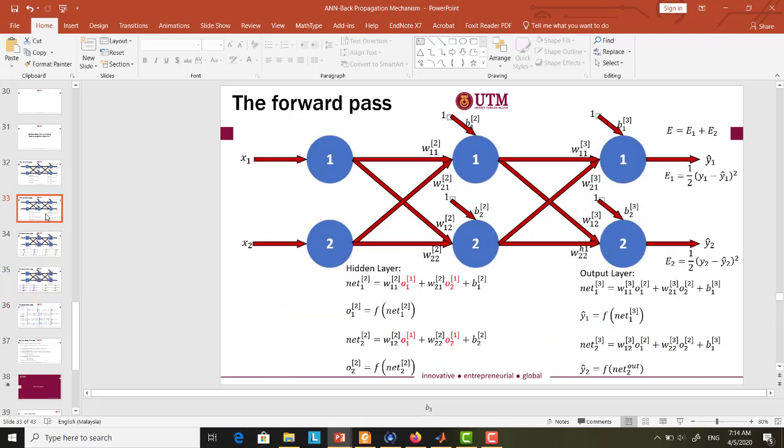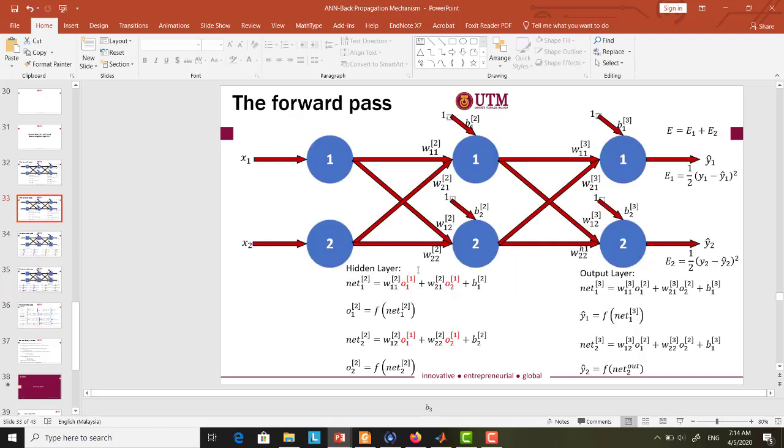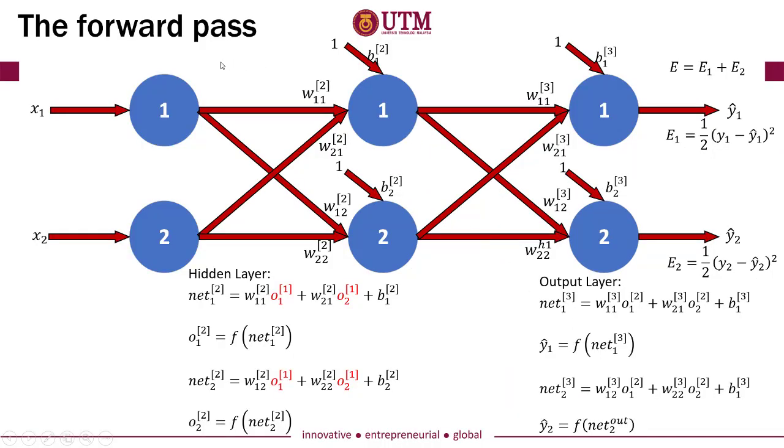If you look at this diagram, it means actually everything can be converted into matrix form. For example, we already discussed that we can represent all these weights by one matrix. So you have a capital W of your hidden layer, which is equal to W11.